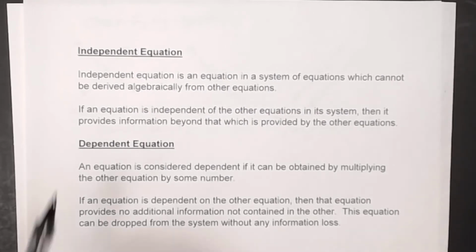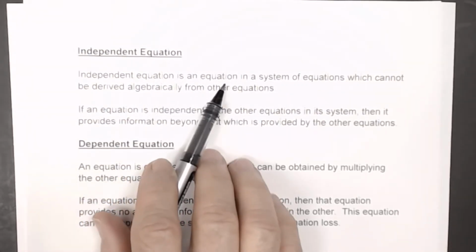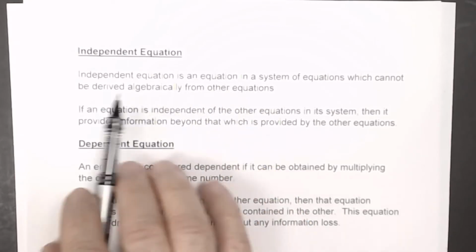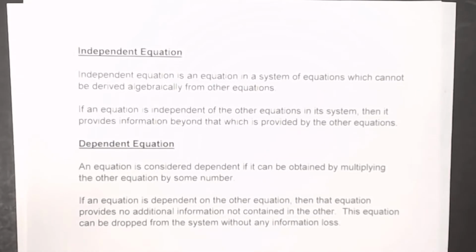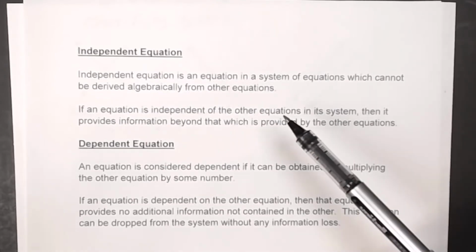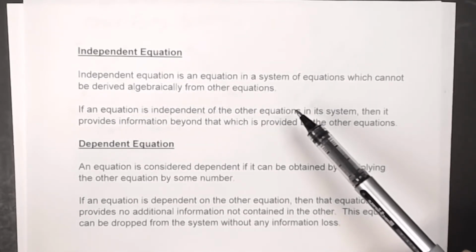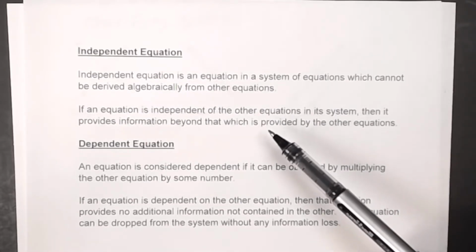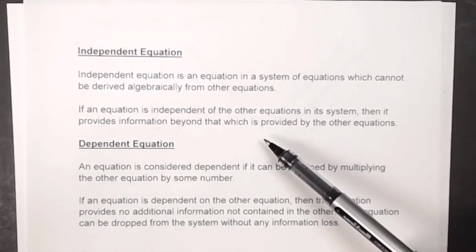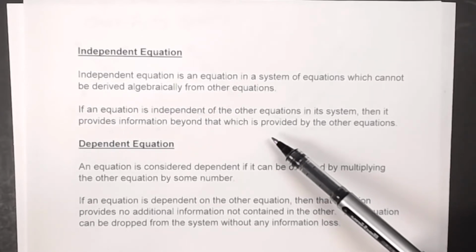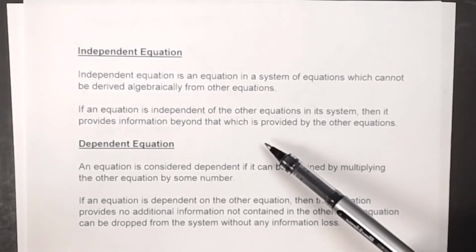An independent equation is an equation in a system which cannot be derived algebraically from other equations. So we're going to look at what that means in a little while. If an equation is independent of the other equations in the system, then it provides information beyond that which is provided by the other equations.